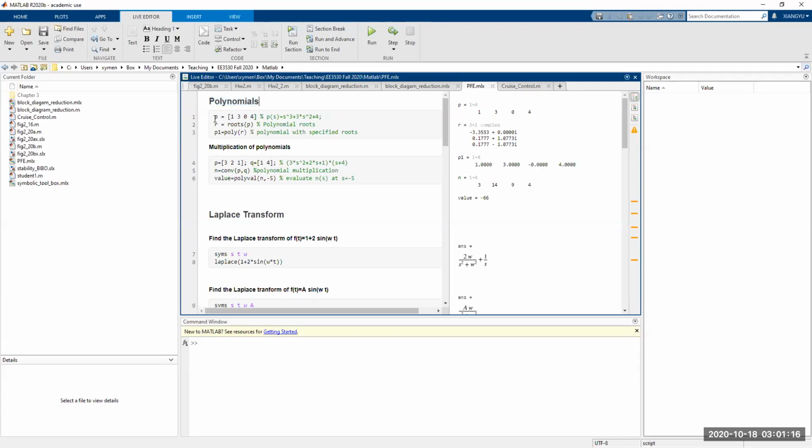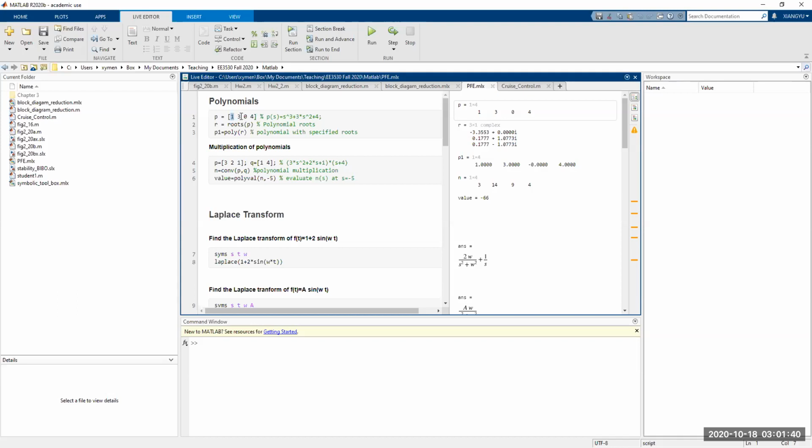To define a polynomial, we can use the coefficients of the polynomial by defining a vector. For example, for the polynomial s cubed plus 3 times s squared plus 4, the leading coefficient is 1.